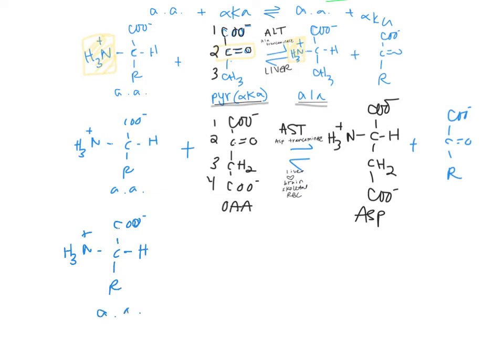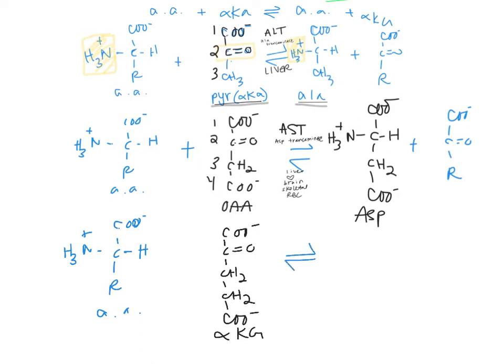In order to make glutamic acid, we're going to need the alpha-keto acid that is called alpha-ketoglutarate. And alpha-ketoglutarate has 5 carbons. COO minus. That's how I know it's an alpha-keto acid. CH2, CH2, COO minus. And this is alpha-ketoglutarate, the common intermediate in the TCA cycle.